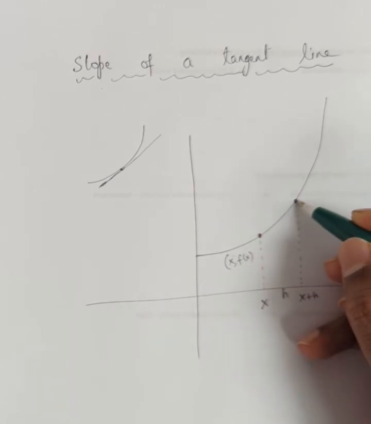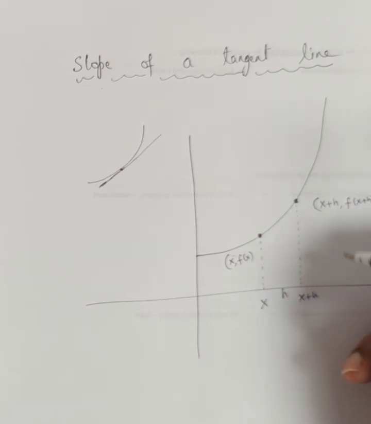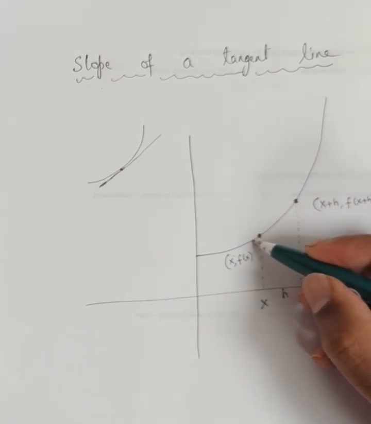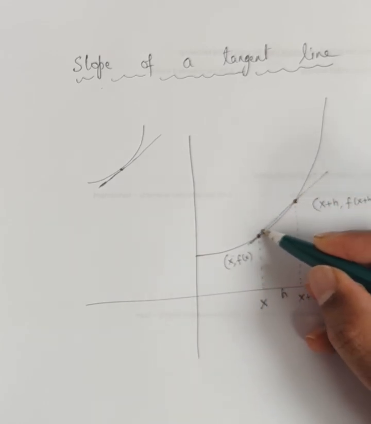By the way, this point has coordinates (x plus h, f of x plus h). Now, if I were to join these 2 points, then this line is called the secant line.